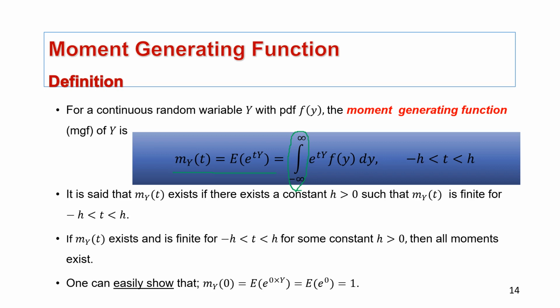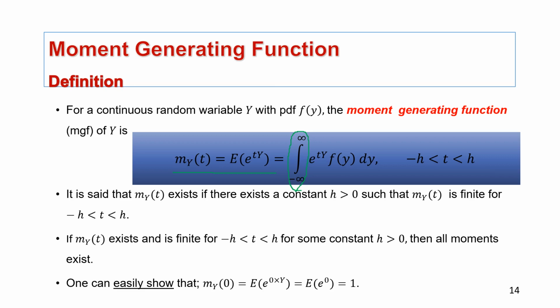And remember, there is a one-to-one correspondence between the PDF, the cumulative distribution function and the moment generating function, which means that for each variable, I have only one PDF, one CDF and one moment generating function.